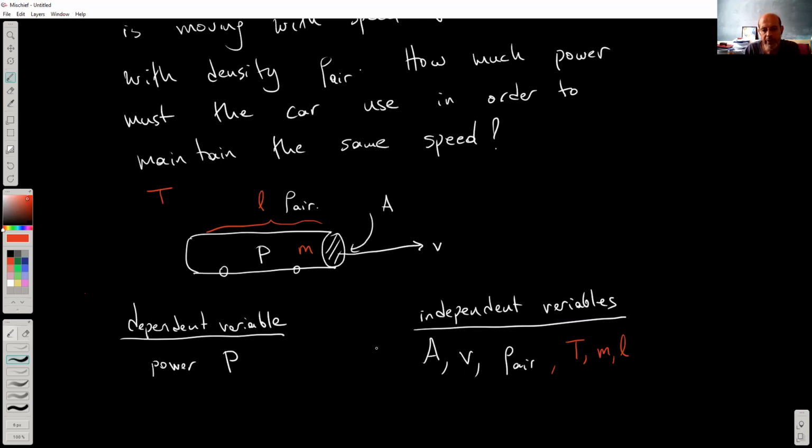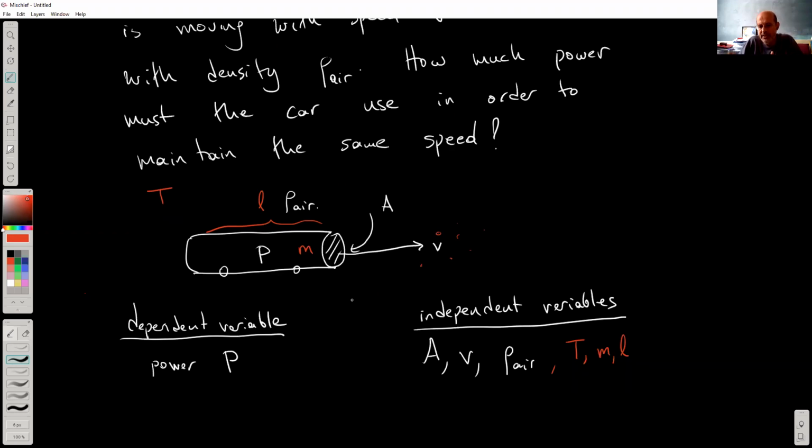Okay, so you can also eliminate things like the length, because we are going to see the process in here. What happens is that when the car is moving, there are these air molecules in front of it, and the car pushes these air molecules sideways, right?